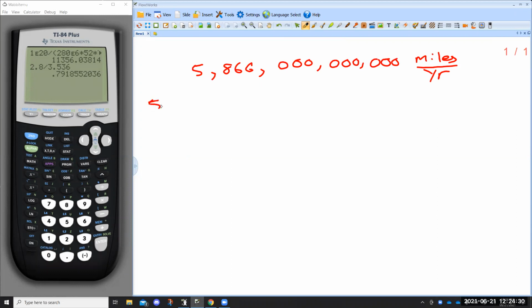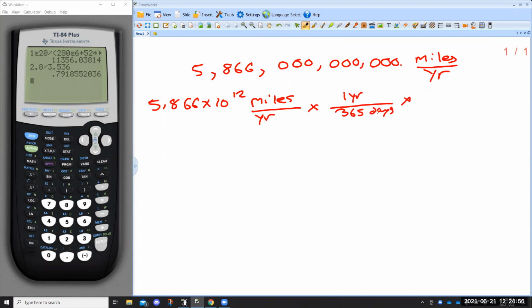So 5.866 times 10 to the 12 miles per year, times 1 year, 365 days.